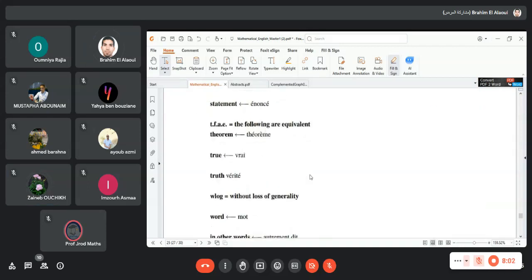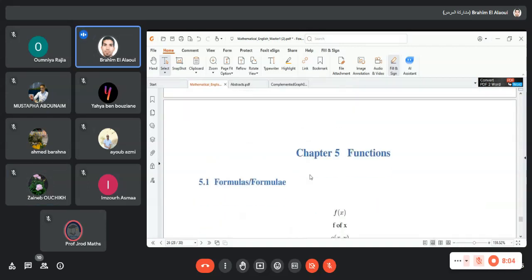Okay, sorry. So next time we will study this. We will see some vocabulary in function, but now we have to do an exercise. As you know, in the last session we saw how to use the website Science Direct and how to look for scientific papers.